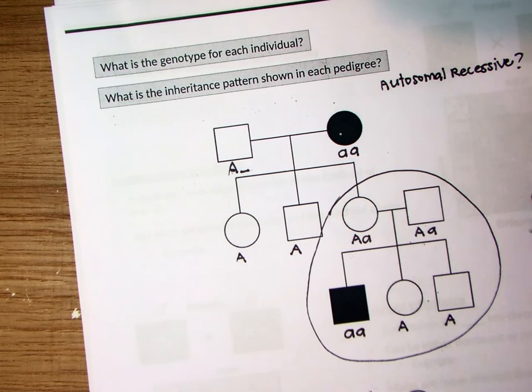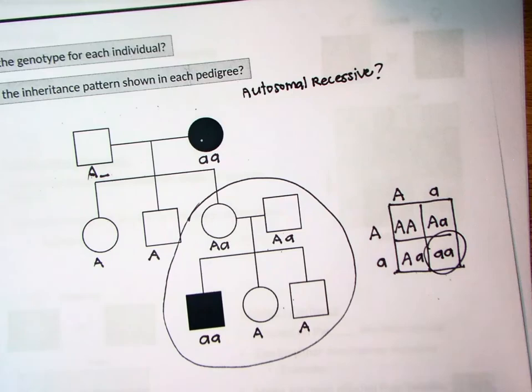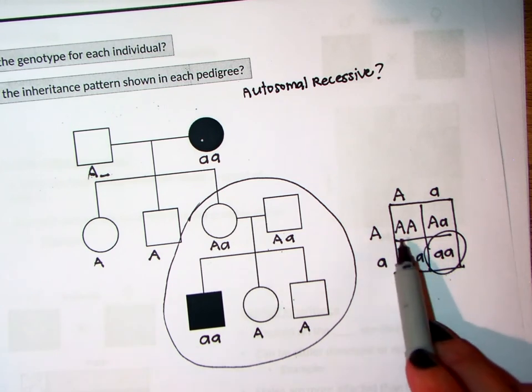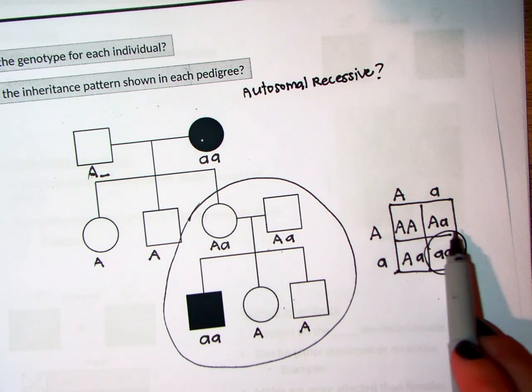So just splitting up the alleles. Okay, so they can have that little a, which you see here. And their offspring can have big A, big A, or big A, little a as well. So we don't know what these are.